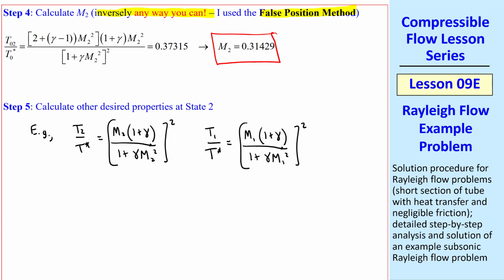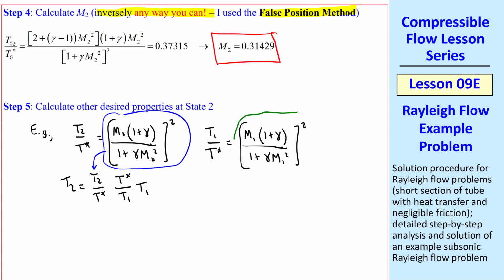From these we can write T2 equals T2 over T star over T1 over T star, times T1, where we have this expression for this ratio, the reciprocal of this expression for this ratio, and T1 is known.